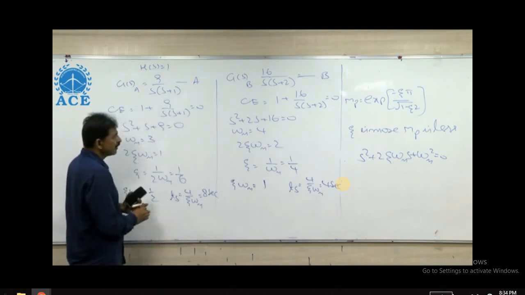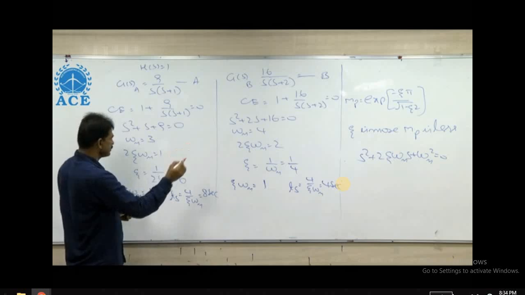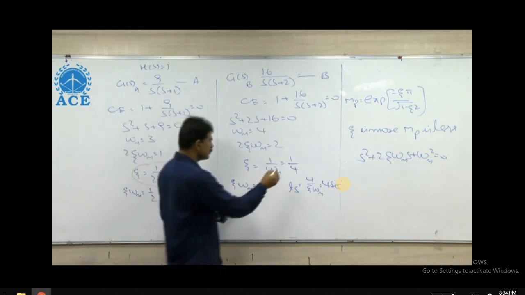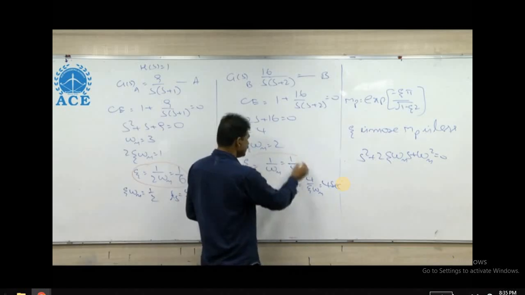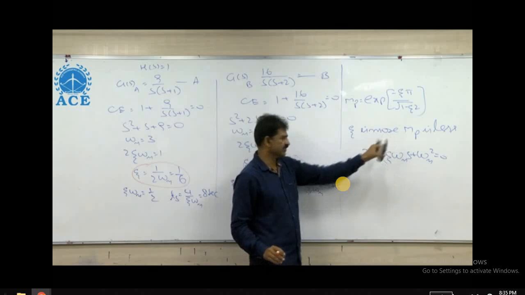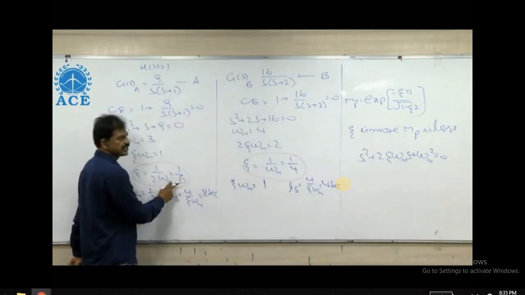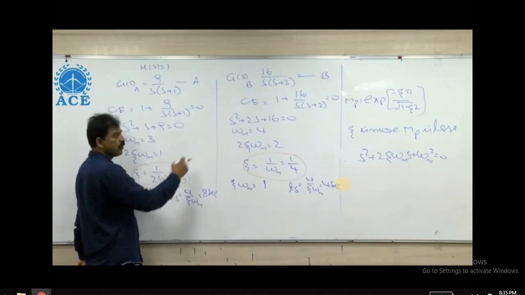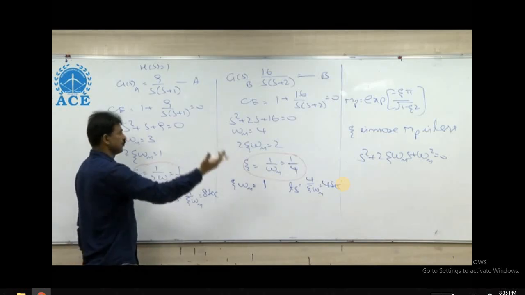System overshoot depends only on zeta. System 2 has more zeta, so Mp is less. System 1 has less zeta, so Mp is more. Therefore, system 1 will have more overshoot than system 2.